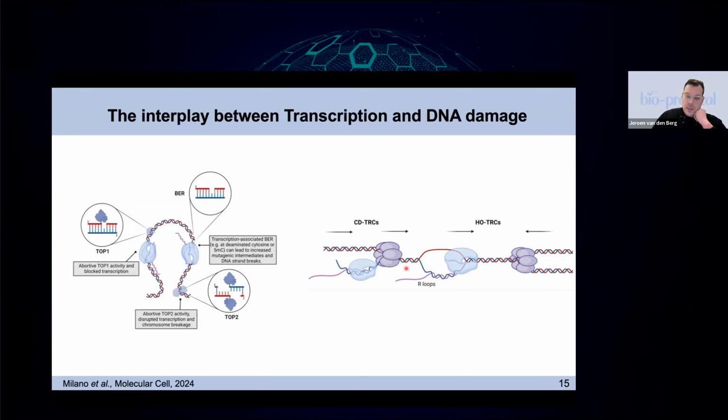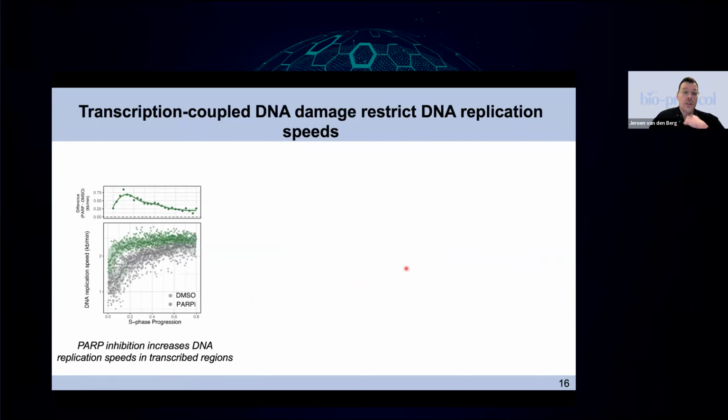So this is, I guess, what was known. So what we did to prove that interaction was to inhibit DNA damage signaling, and mainly PARP signaling. We inhibited PARP by olaparib, a PARP inhibitor.